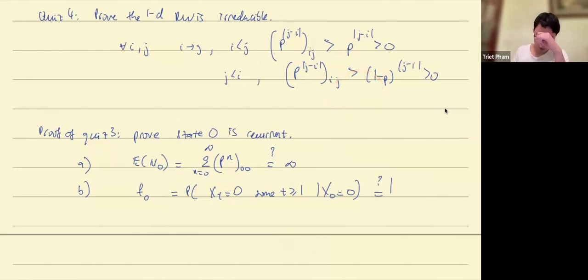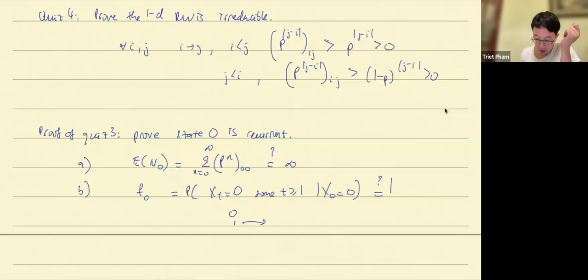But here, approach B and of course approach A are both viable. And in particular, let's talk about approach B. It's viable because the 1D random walk has a pretty simple path structure. How would you return to 0 starting at 0?